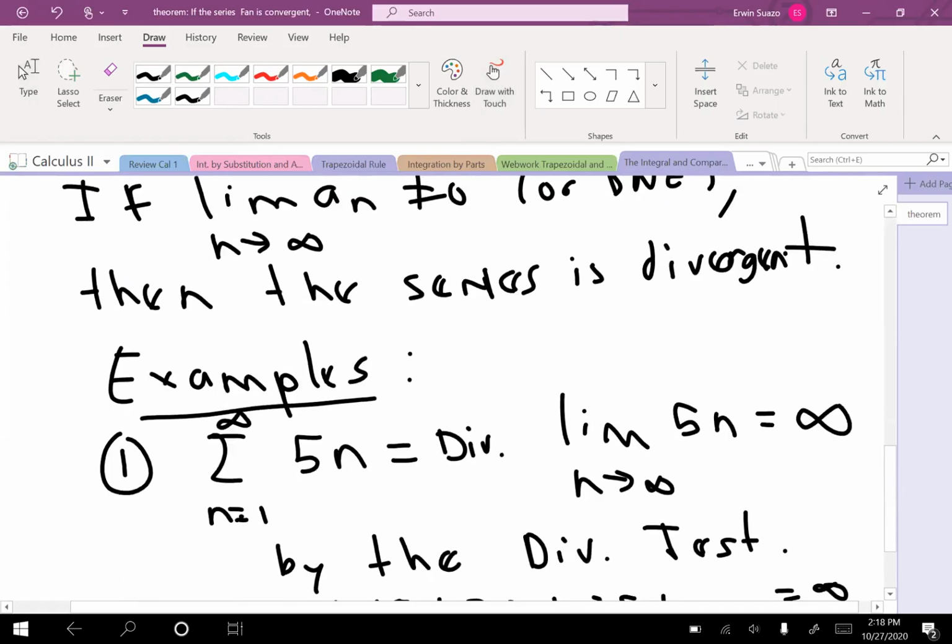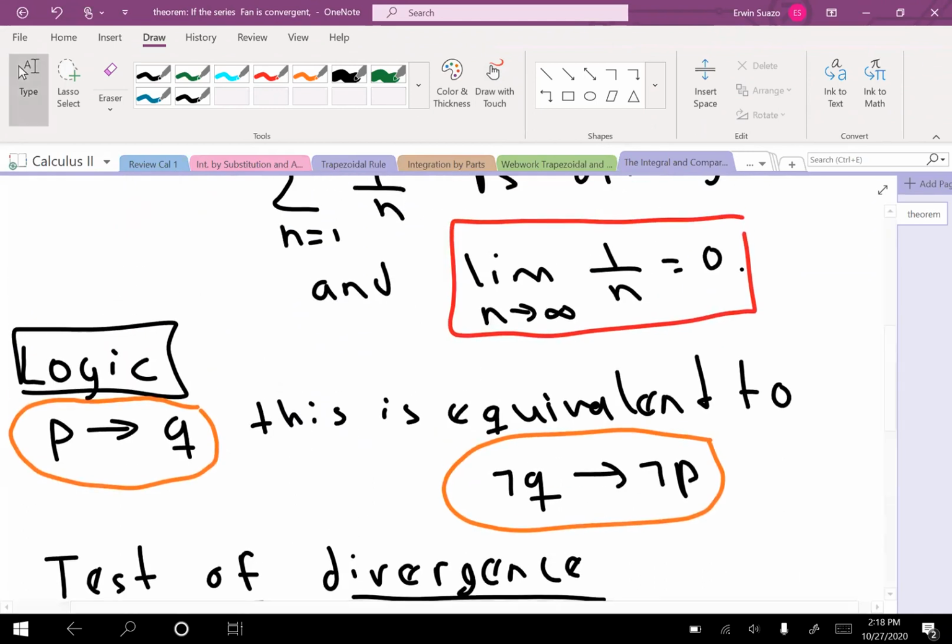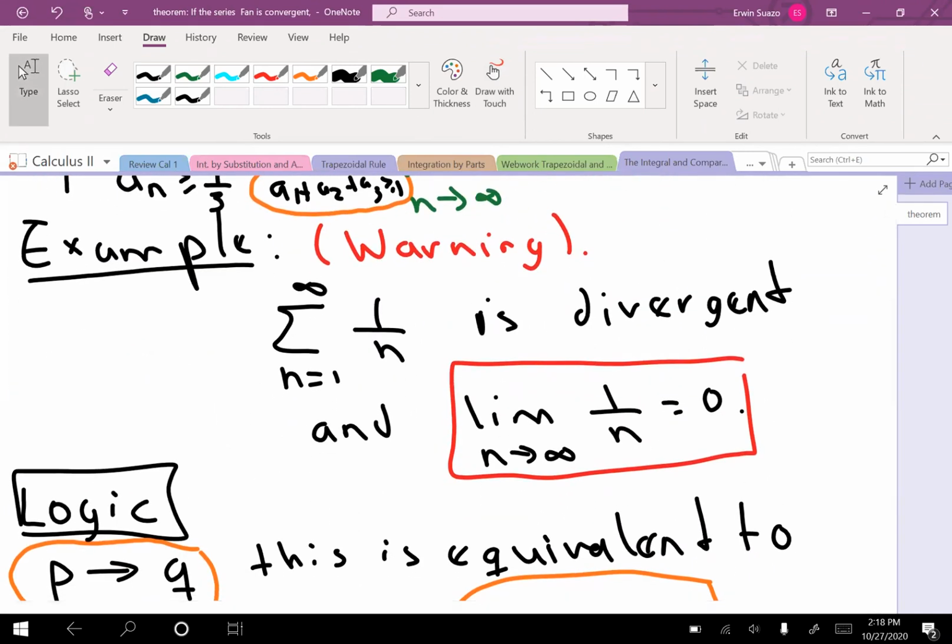Well, let me remind you of this one. Here, let's say I give you the sum of 1 over n. So you go and say the limit is 0, and so it's convergent. No, this is going to be divergent. So it only works for bad. It doesn't tell you anything good from the divergence test.